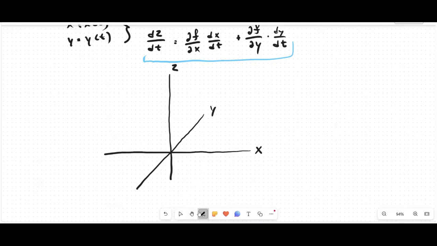Let's imagine, let's see, what's a good graph to do here. Let's try to do an upward facing paraboloid.